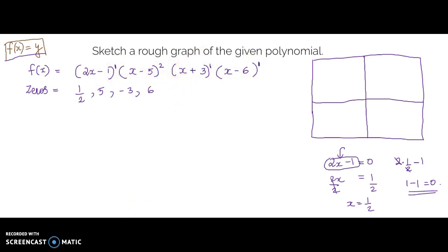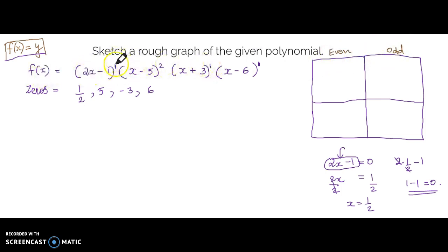Now, in order to understand the shapes, there are 4 basic shapes that polynomials can have. The degree of the total polynomial could be an even number or an odd number. For example, here, what's the degree of this f of x?